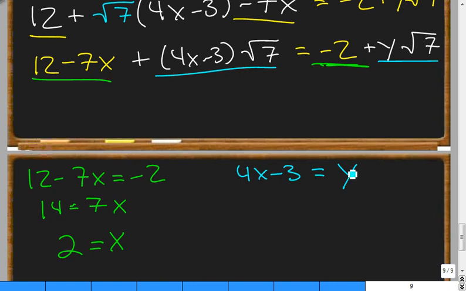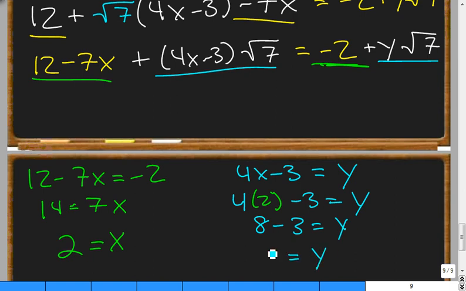Since I have this, I'm going to plug 2 in. I get 4 times 2, minus 3 equals y. You should get 8 minus 3 equals y, so y is going to equal 5. So this is a way to solve this.